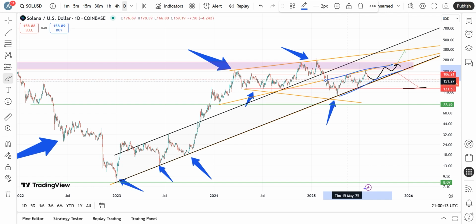Usually these kinds of triangles break down from the bottom. These are always probabilities, but the combination of the triangle with the resistances we see in front of us, I think they tell us that from anywhere from now on, because we had 4 touches, it is more probable to see the triangle breaking down from the bottom.